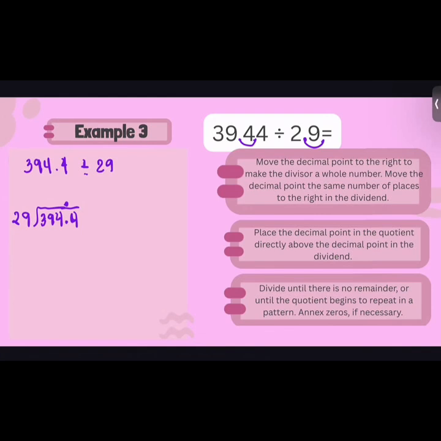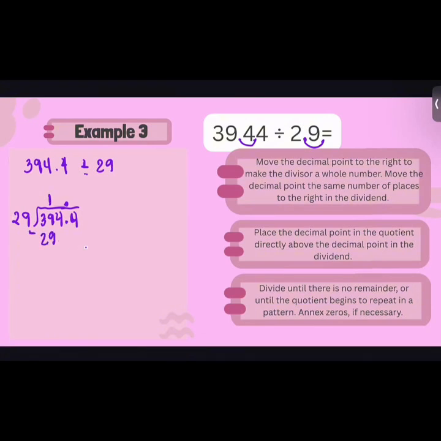Now, proceed with division. So 3 divided by 29 cannot be, so we are going to look for 39. So 39 divided by 29, so automatic we only have 1. So we will put 1 sa itaas, then multiply. 1 times 29, so this is equal kay 29.